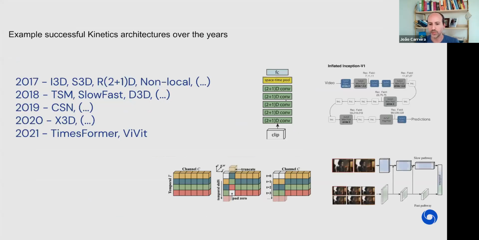And there were many other models developed on Kinetics. The first few years it was convnets, but more recently this year, transformers. Models like Timesformer, ViViT. Yeah, so Kinetics was impactful in developing some of these architectures, I find.